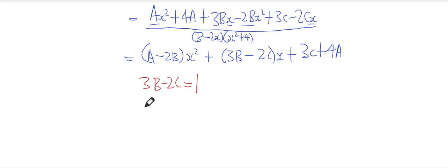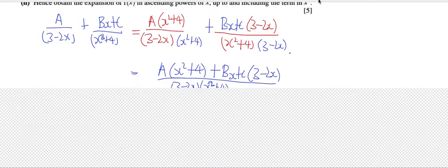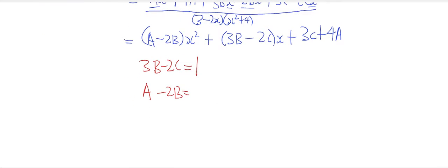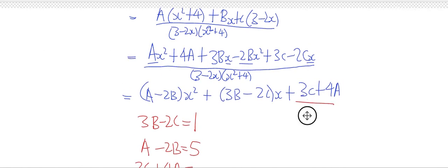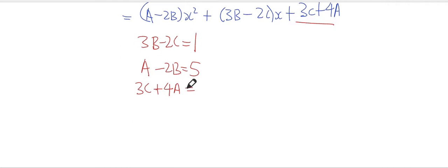And then we have A minus 2B, which is the coefficient of x squared, and that equals 5. And the last one, the standalone terms, 3C plus 4A equals positive 6.